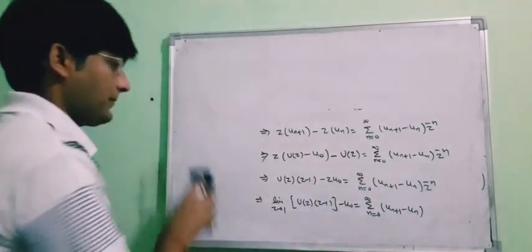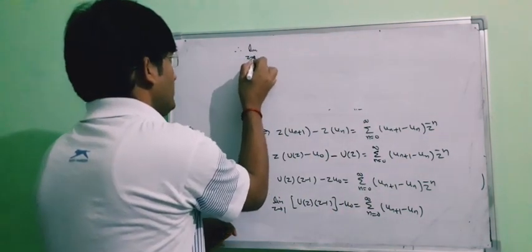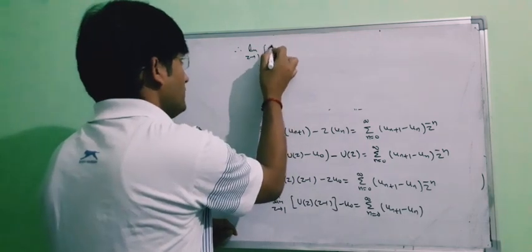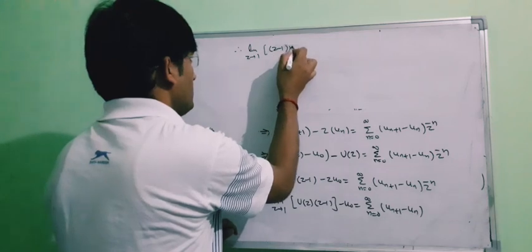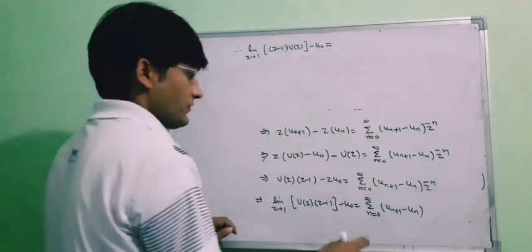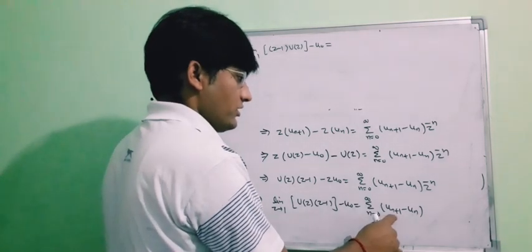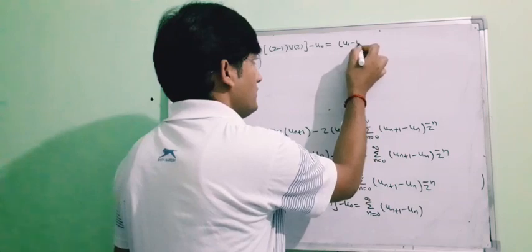Now limit Z tends to 1 of (Z minus 1) UZ minus U naught is equal to, if you put n equal to 0 here, then this will be your U1 minus U naught.